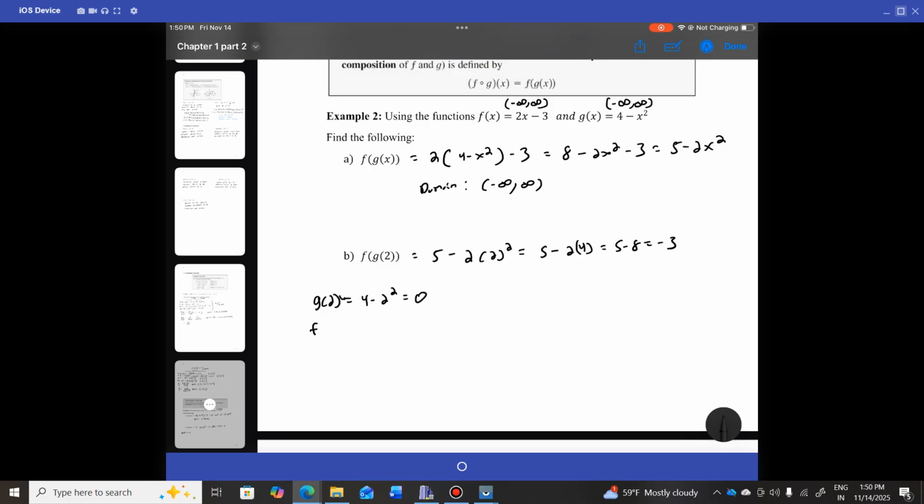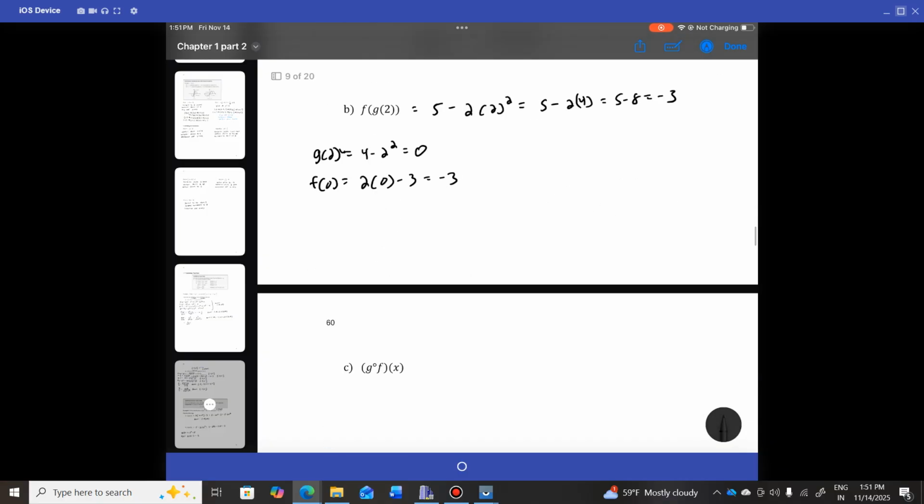And then finding f of 0, which is going to be 2 times 0 minus 3, which is going to be negative 3. So you can do it this way in a sense. One expression is not too bad, but if we have a lot of values we're plugging into the new equation, it's nice to have just one equation that we have to do.